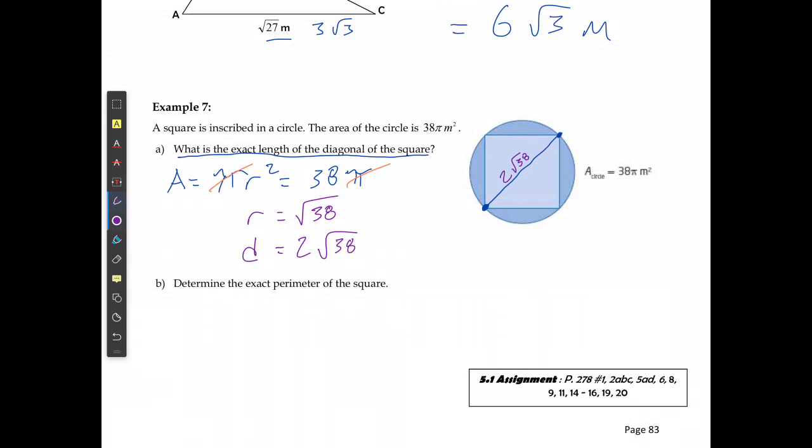Now, if I'm trying to figure out the exact perimeter of the square, well, this has to be a 90-degree angle, which means that this is going to be my hypotenuse. If c squared is equal to a squared plus b squared, and in this case, a and b are equivalent, then I could say c squared is equal to a squared plus a squared, or c squared is equal to 2a squared.